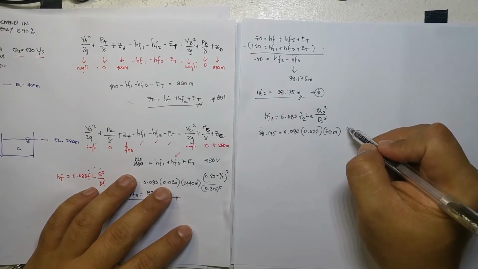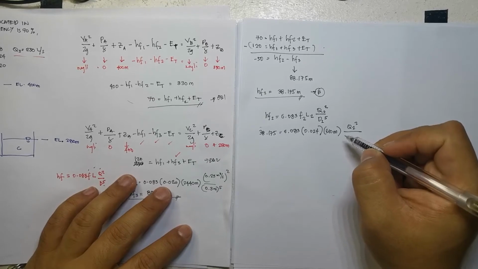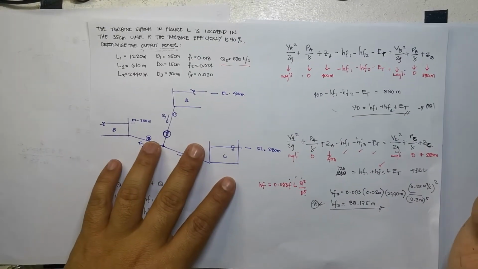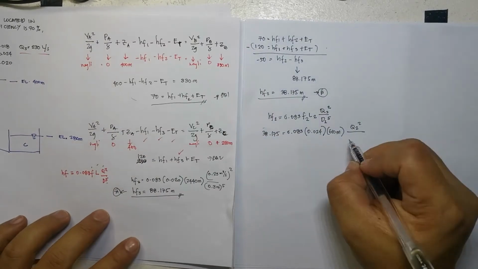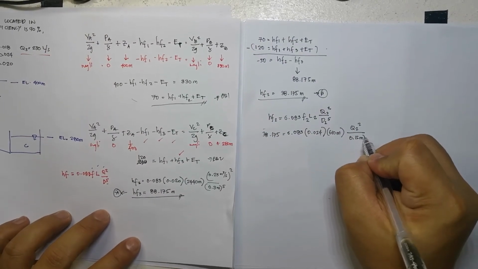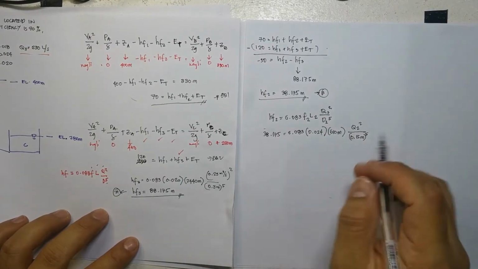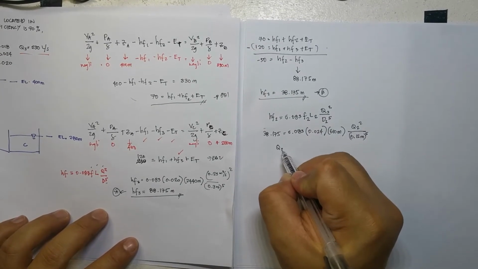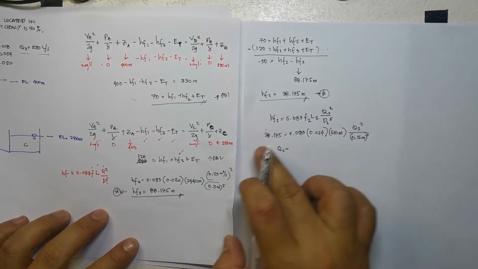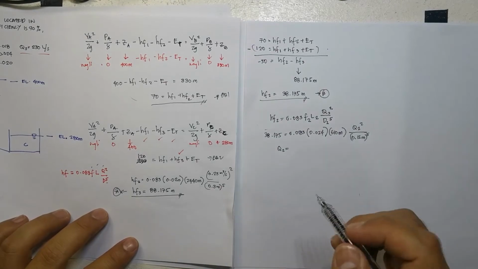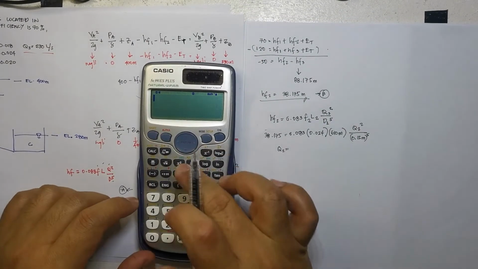Then Q2, our unknown, Q2 squared over D2 to the fifth. D2 is 15 centimeters or 0.15 meters to the fifth. So when we divide, we get Q2. We divide 38.75, then multiply by 0.15 raised to the fifth.